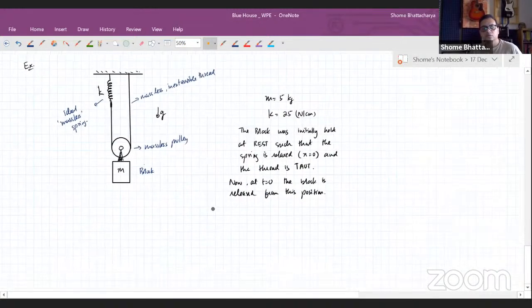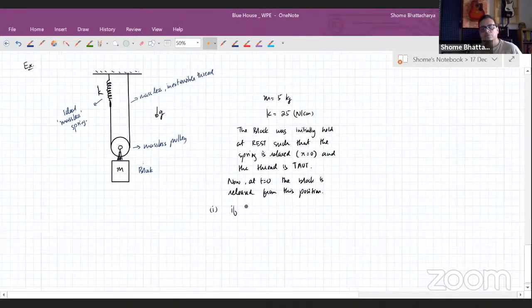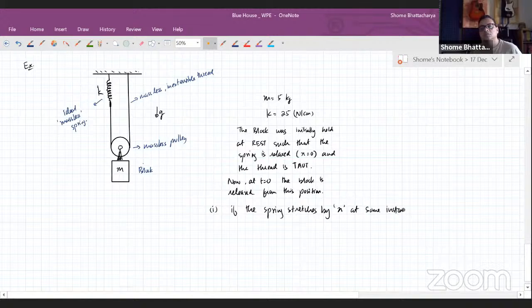So first of all, if the spring stretches by x at some instant, then how much is the block's displacement?